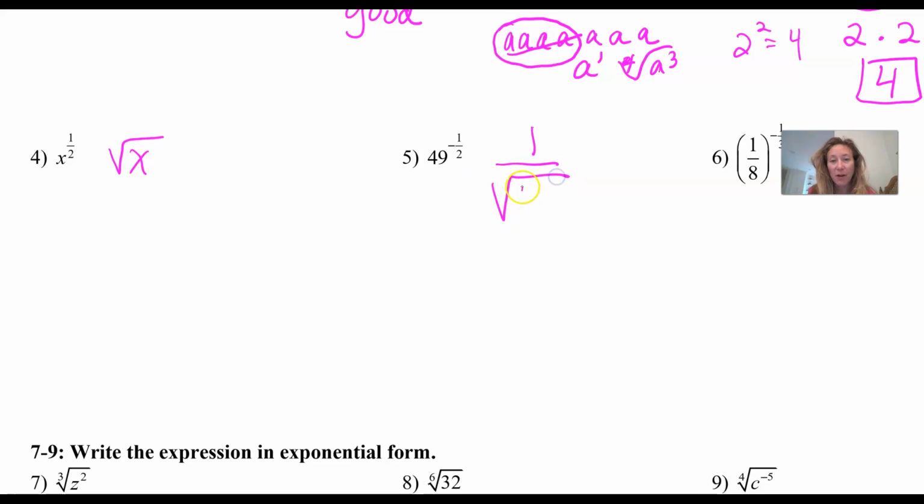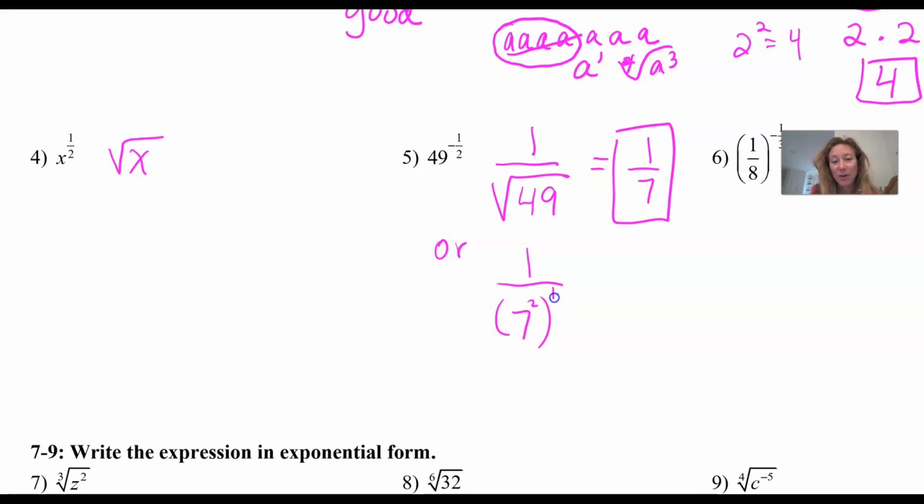So I'm going to say square root of 49, which is 7. So the final answer to this one is 1 over 7, and I'm just going to leave it in that radical form. Or, of course, we could have said 1 over 7 squared to the 1/2 power, multiply the exponents, and we get 1 over 7 that way too.